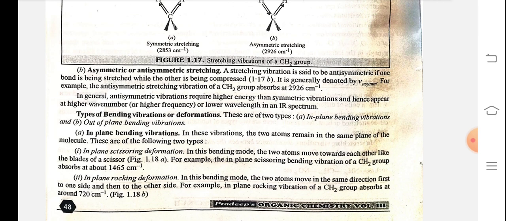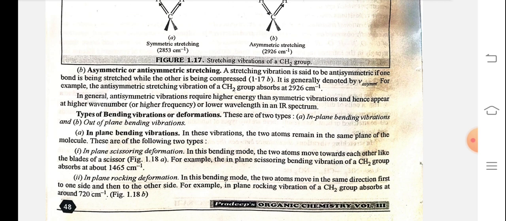In general, antisymmetric vibrations require higher energy than symmetric vibrations and hence appear at higher wave number or lower wavelength in an IR spectrum. Types of bending vibrations or deformation.